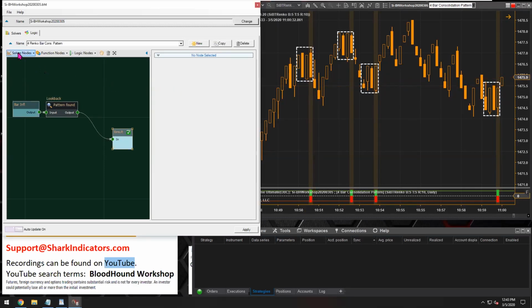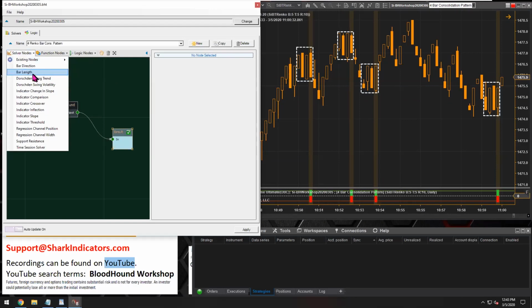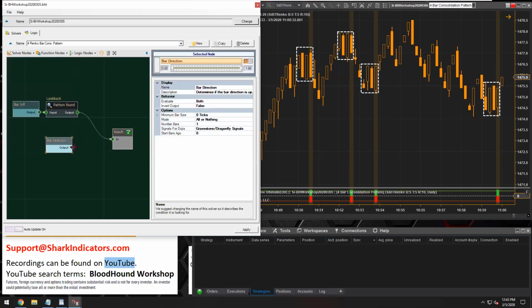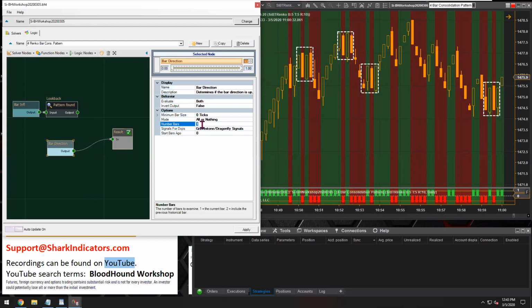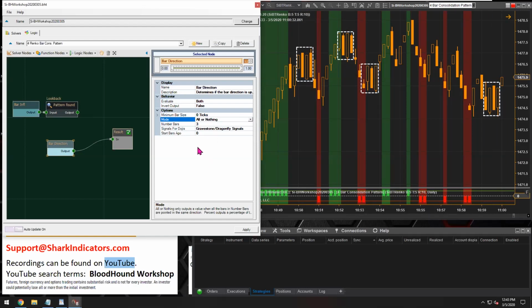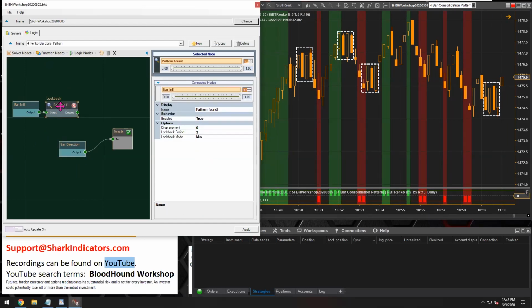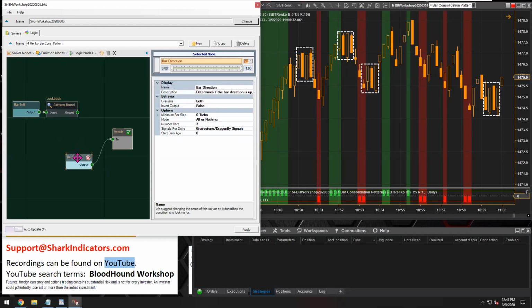Whatever the case is, we can grab a bar direction solver, and we can look for that minimum number of bars here. So I'll go conservative, and actually, I am going to use the displacement here as well.